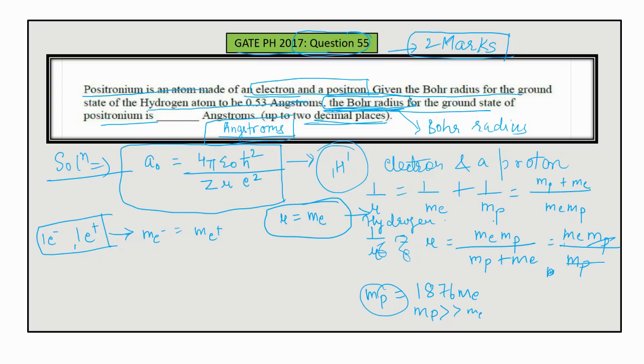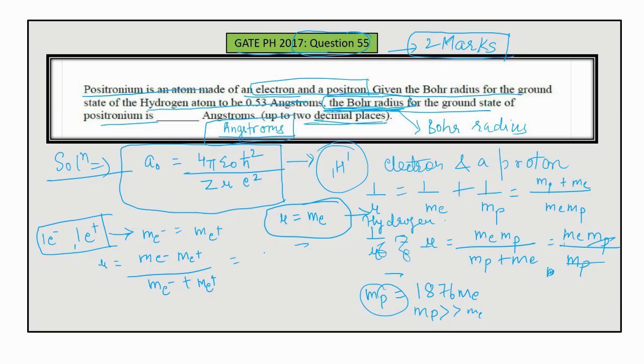So what you will do here in effective mass, we have me times mp upon me plus mp. That time it was a proton, so in the denominator we replaced mp plus me by mp, but now you cannot replace it because both have the same mass.